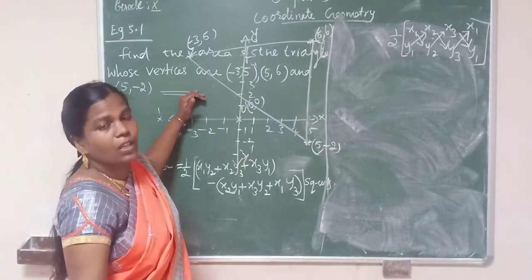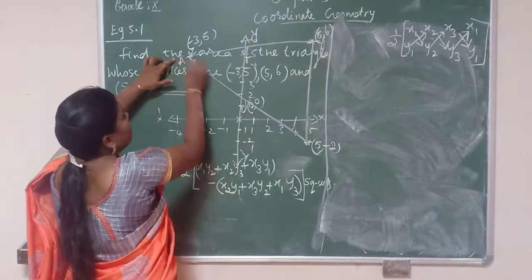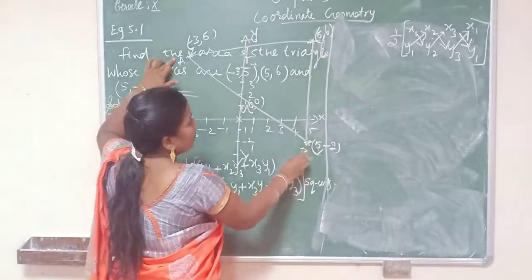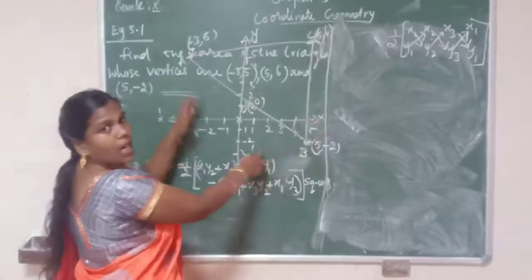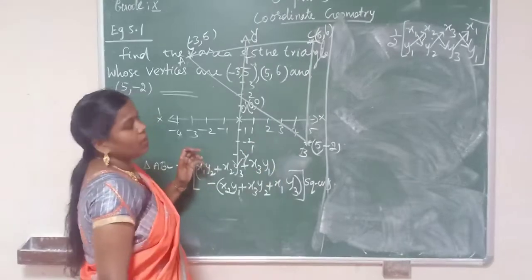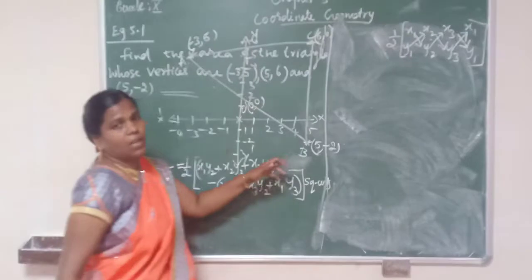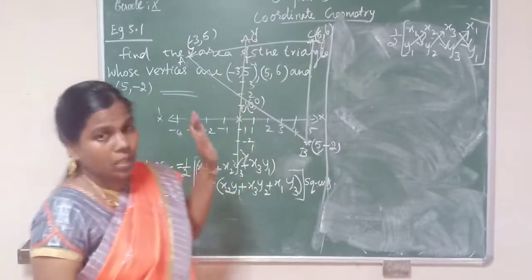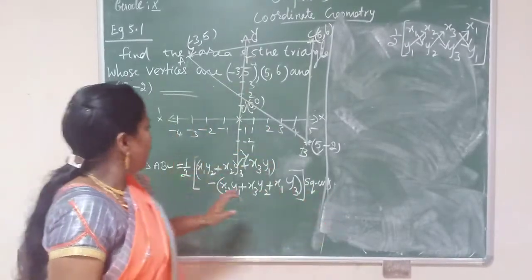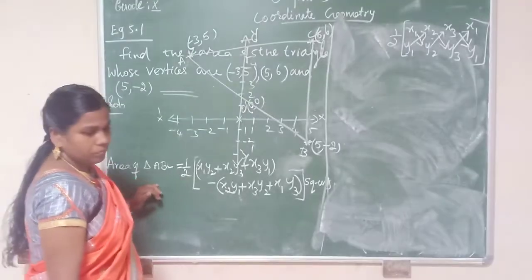So only anti-clockwise or counter-clockwise we have to name it. If we start A here, B should come here, then C like this. Otherwise, you can start A anywhere, but A, B, C must be taken anti-clockwise. Understood? So now we have A, B, C. Now we have to write.